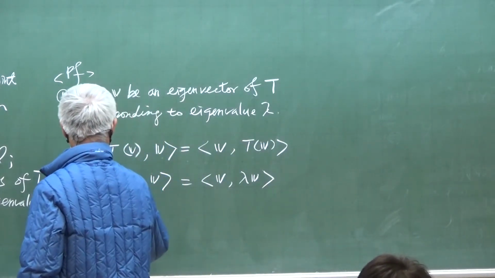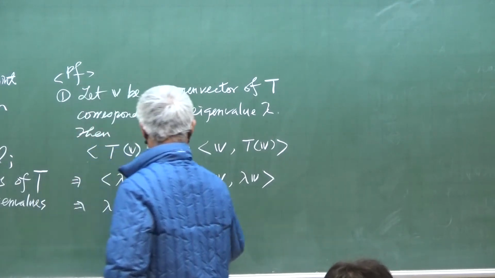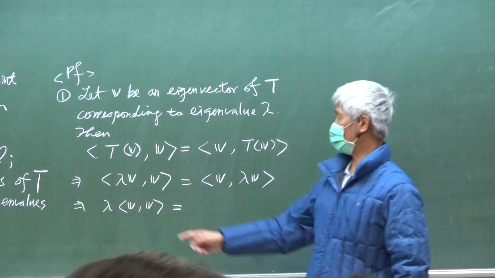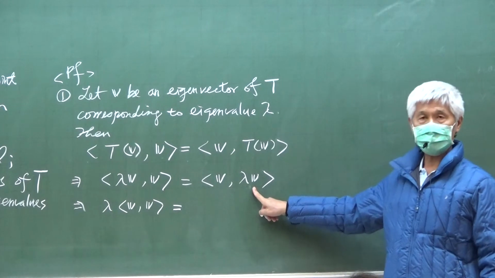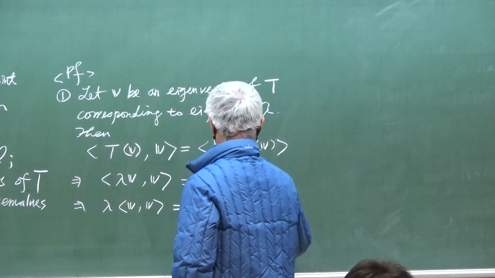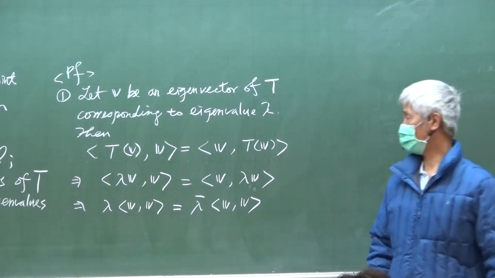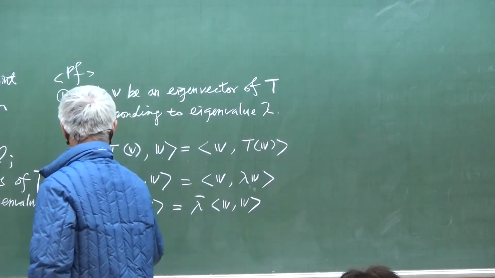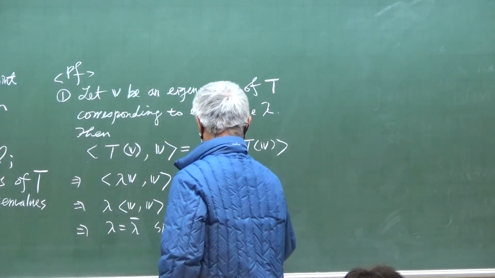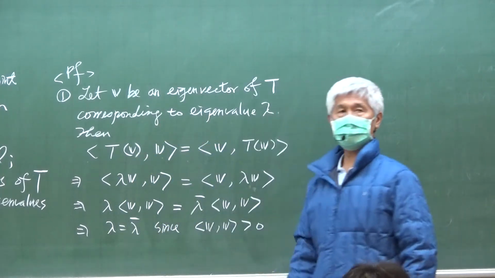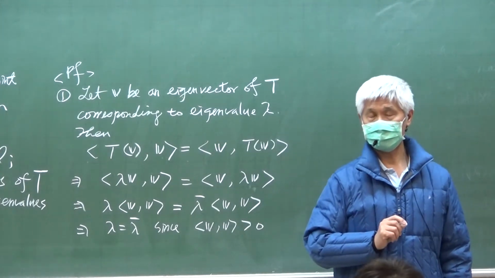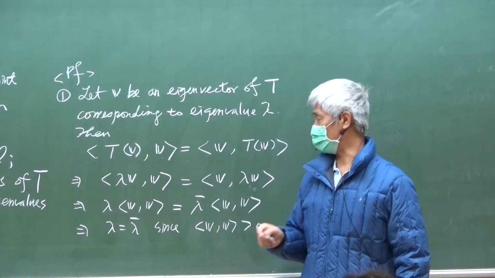Now we have lambda. By the linearity in the first argument of the inner product, we have that. And for the second argument, we have conjugate linearity, so we have lambda bar. And this is lambda equal to lambda bar, since the inner product of v with v is positive, because an eigenvector should be non-zero.